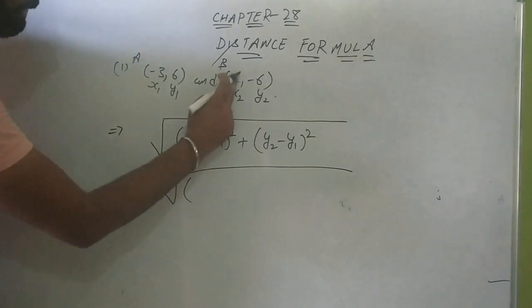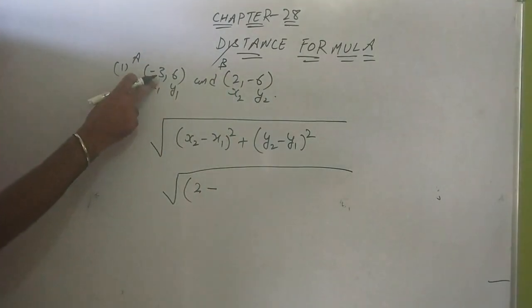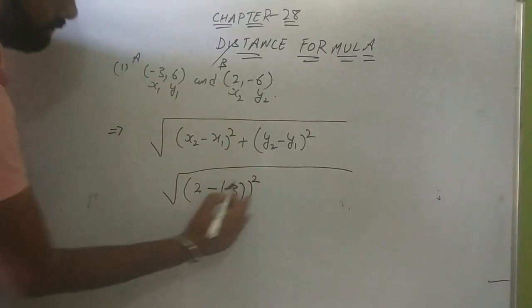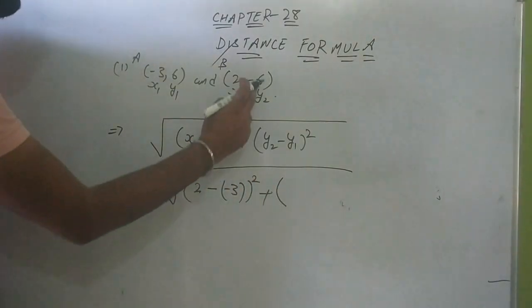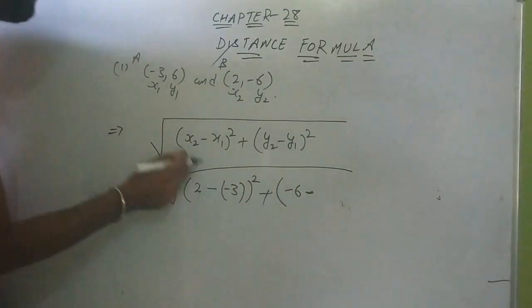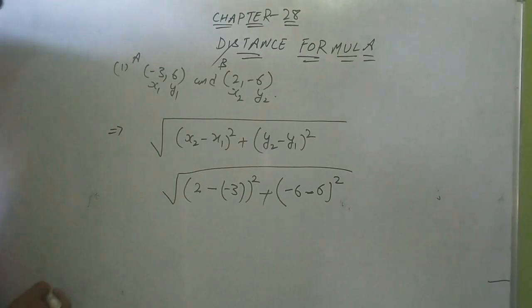Under root, what is the value of x2? That is 2, minus the value of x1, that is minus 3. So here it will become minus 3 whole square, plus what is the value of y2? That is equal to minus 6, the sign of minus, y1, that is also minus 6, whole square.